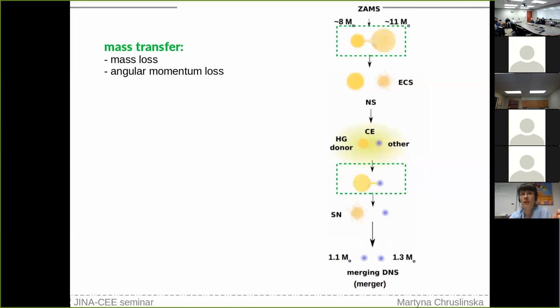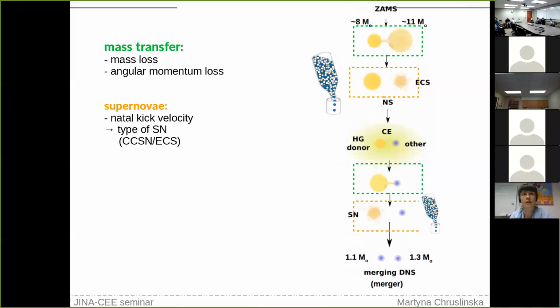And we don't really know well how much mass is lost from the system during such interaction, neither how much angular momentum is carried away with the escaping matter. And this is important to know what is the separation and mass of the accretor after that interaction.